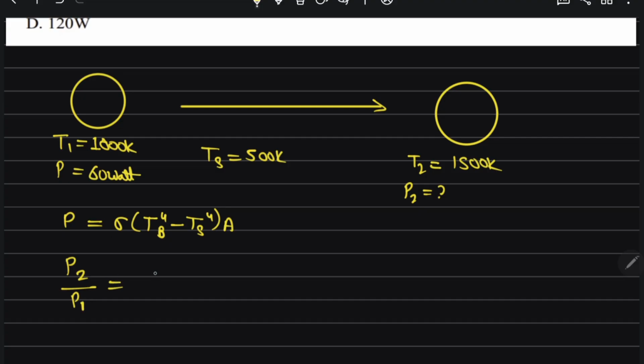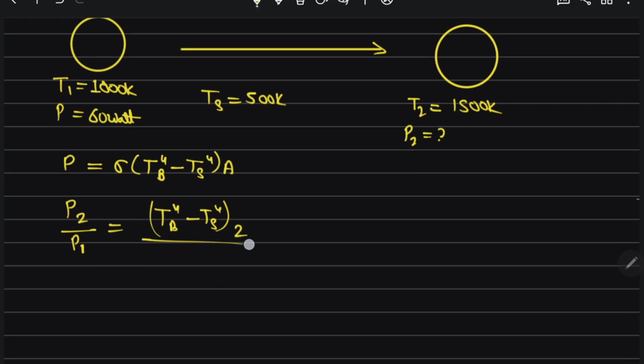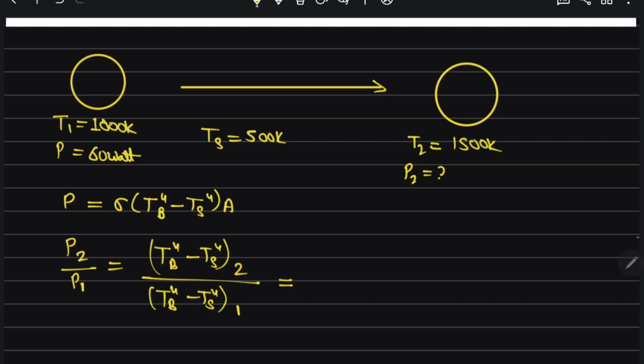If we take the ratio, sigma and area are the same, so they cancel. So temperature of body to the power 4 minus temperature of surrounding to the power 4 for the second body, divided by the same for the first.